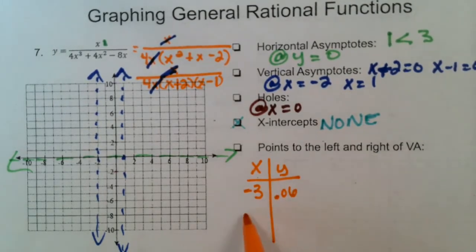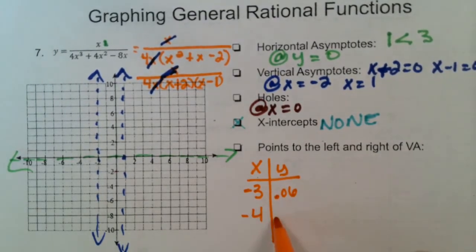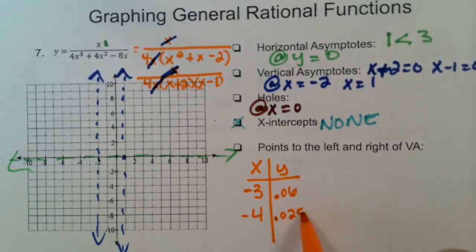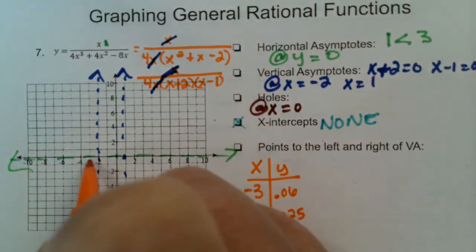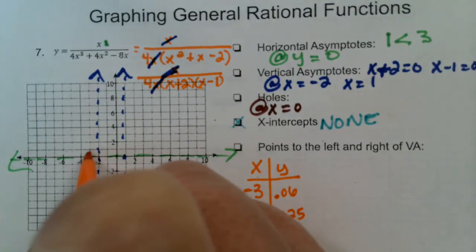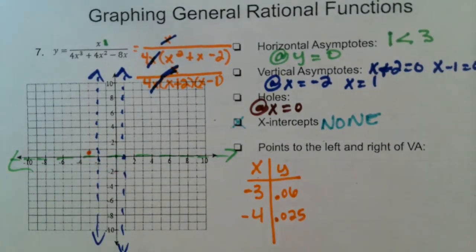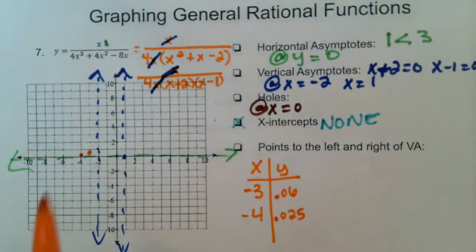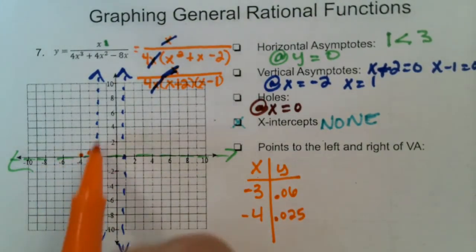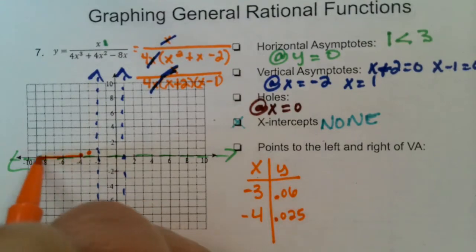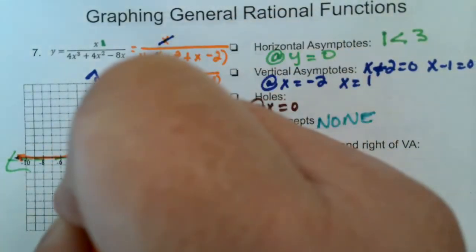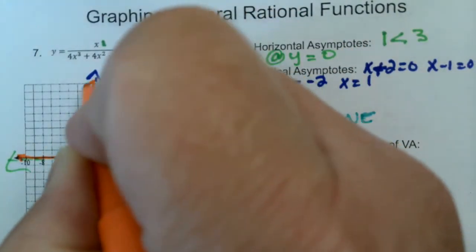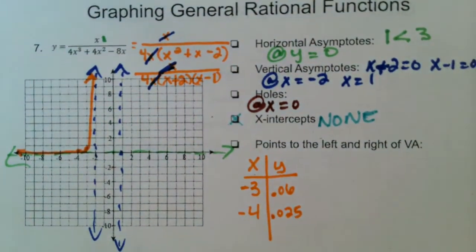And if I substitute -4 in, I get -0.025. So -3, -0.06 is right here, and -4, -0.025 is closer. Remember, we can't cross this green line or the blue line. So it's going to go something like this. It's going to get very close, but not cross.